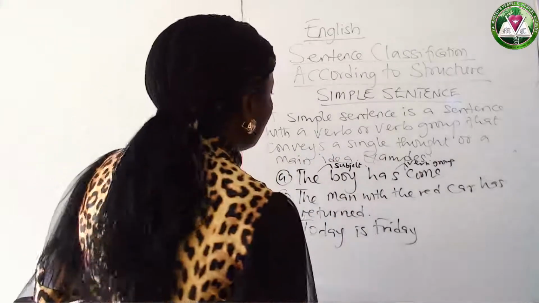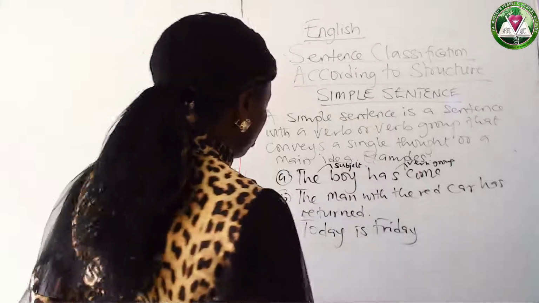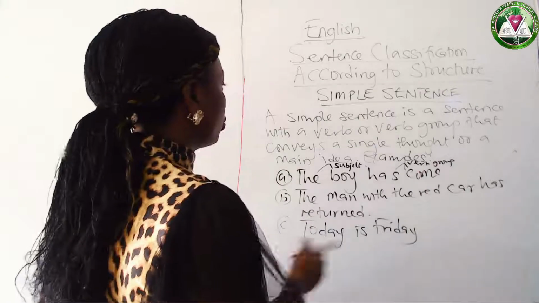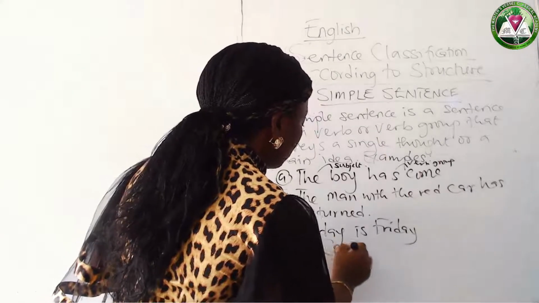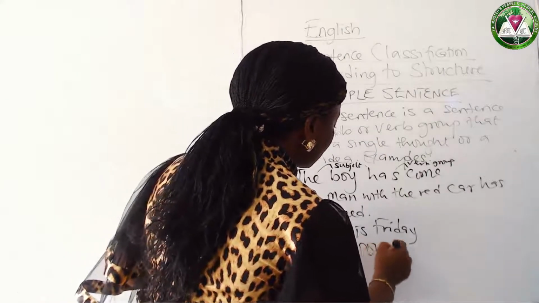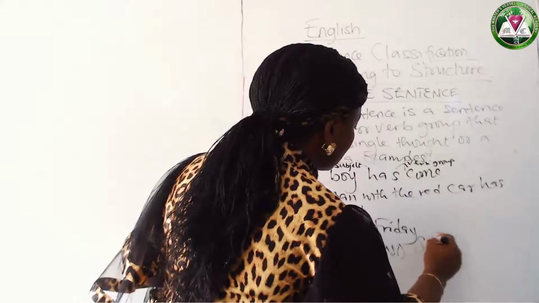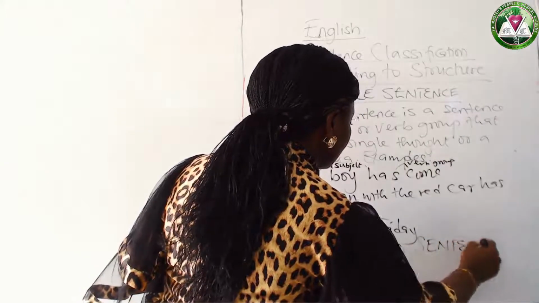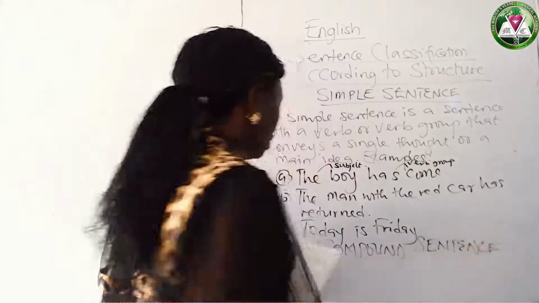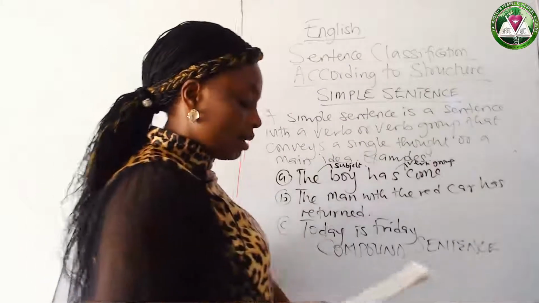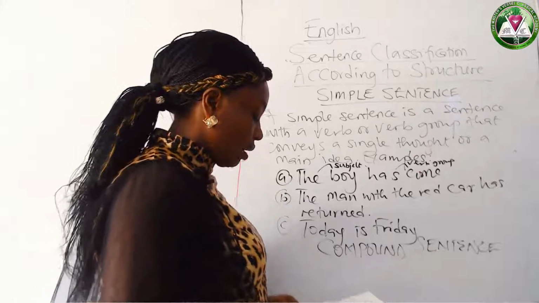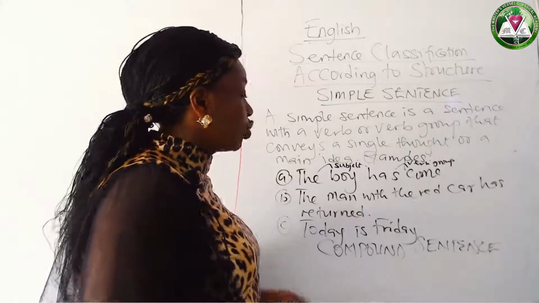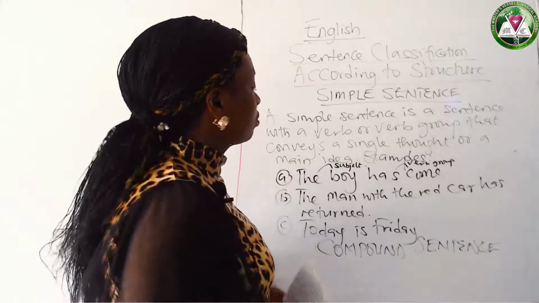Okay. We now move down to number 2, which is the compound sentence. Now, in the compound sentence, we should talk about usually 2 simple sentences.